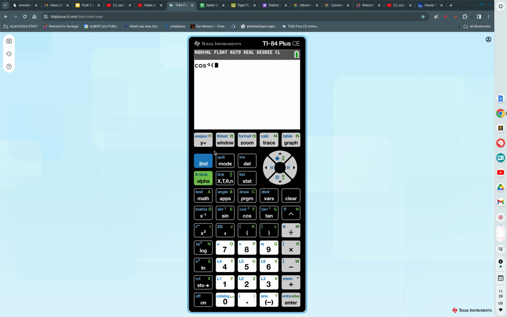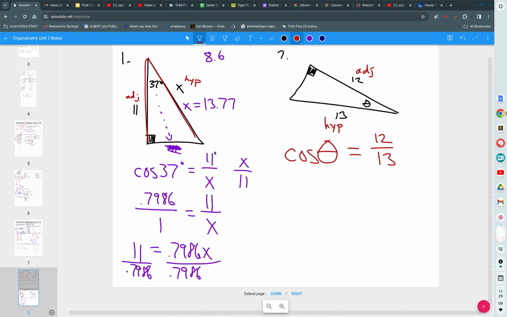And then we just type in that 12 over 13, and it will tell us the angle. So it turns out that 22.61 or 22.62, that's the angle if those are your two sides. So theta equals 22.62 degrees. Whenever you're finding an angle, make sure you write the degrees.